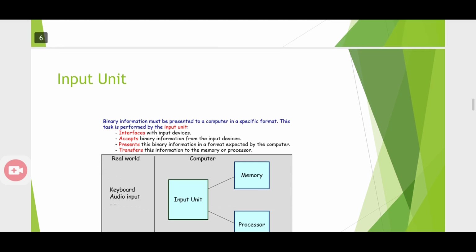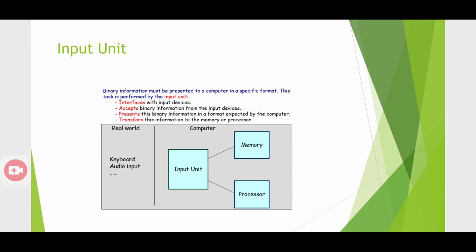Next we can study the input unit in detail. The input unit gives input data to the system. It may give the data to the memory as well as the processor. You can see that a keyboard, mouse, etc. are input units.